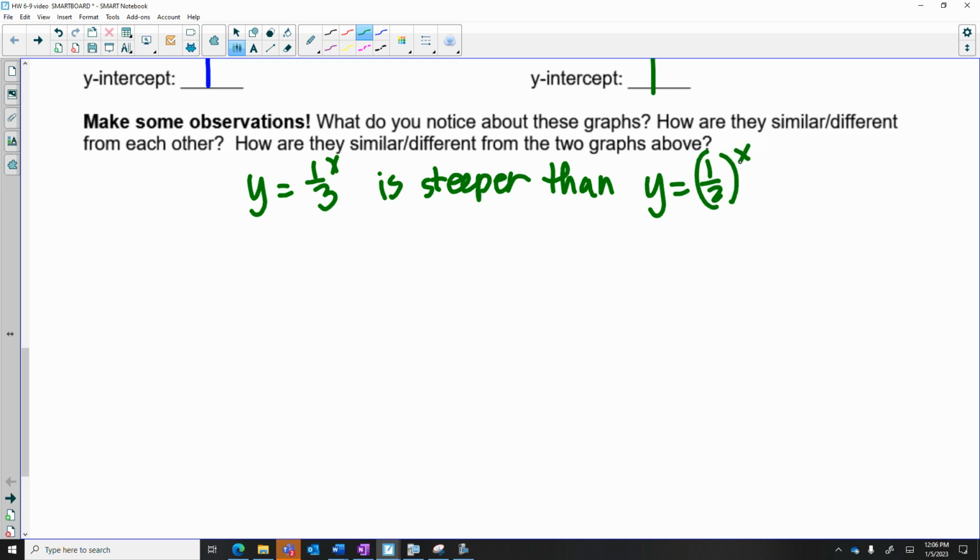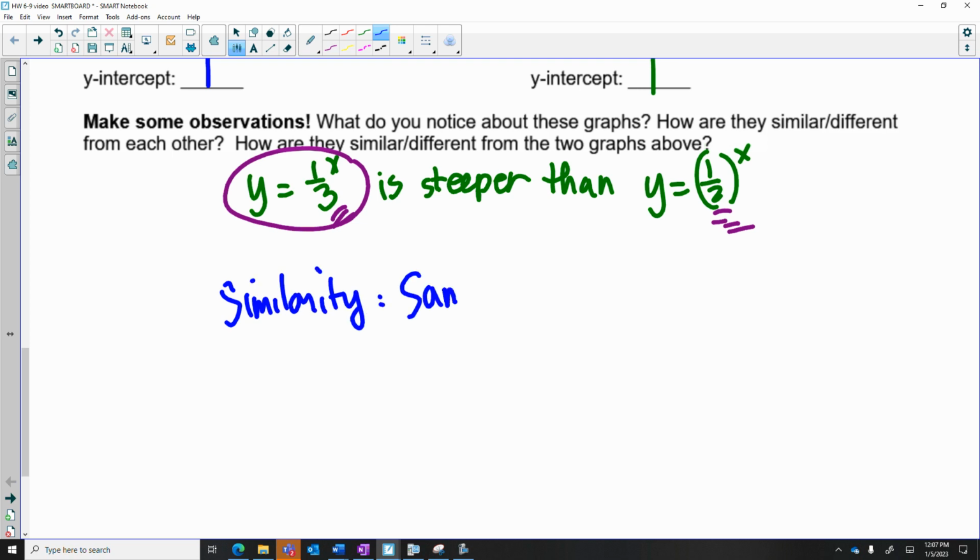We're going to talk about how it has to do with the base. The base is going to control the rate of growth, or the rate of decay in this case. So this one is actually decaying at a steeper rate than the (1/2) to the x. And then a similarity is that they have the same y-intercept of (0, 1).